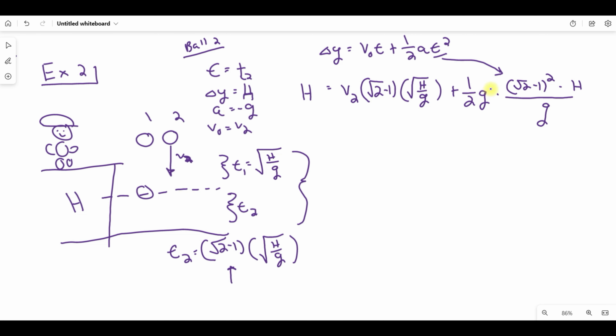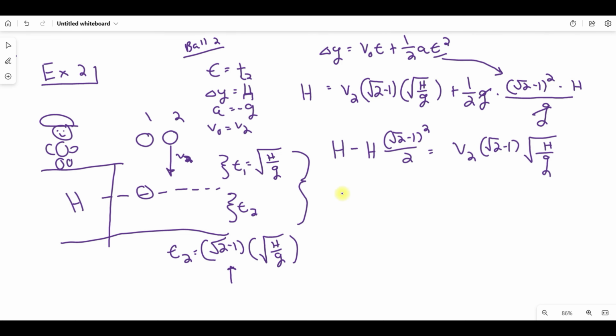So then the g's here cancel, and you subtract this right term on the left to get h minus h times the square root of 2 minus 1 squared over 2 equals v2 times the square root of 2 minus 1 times root h over g.